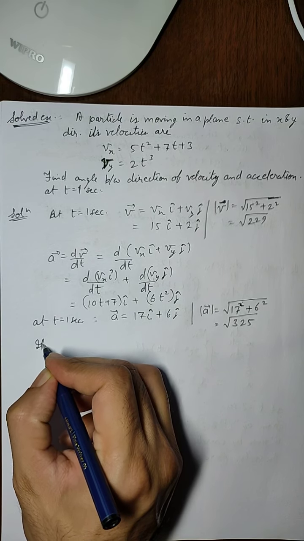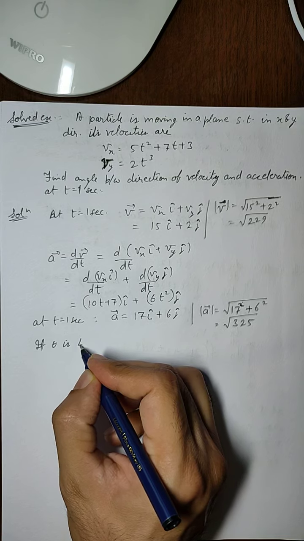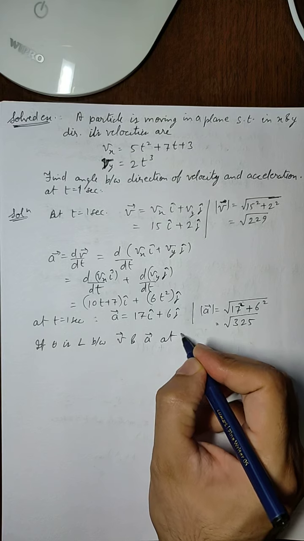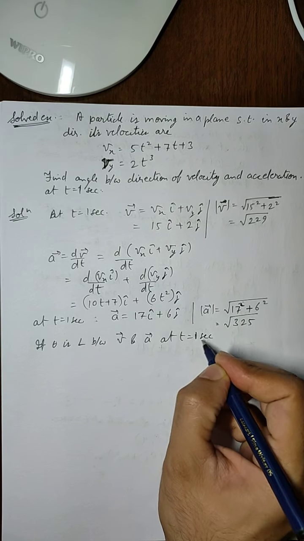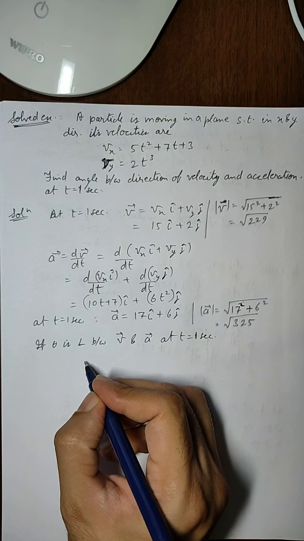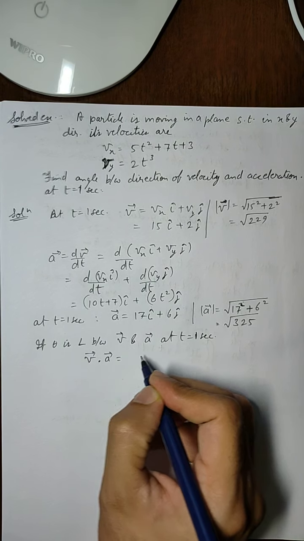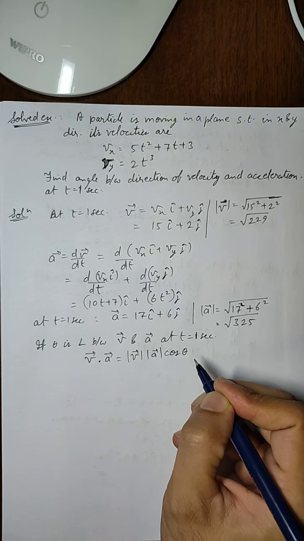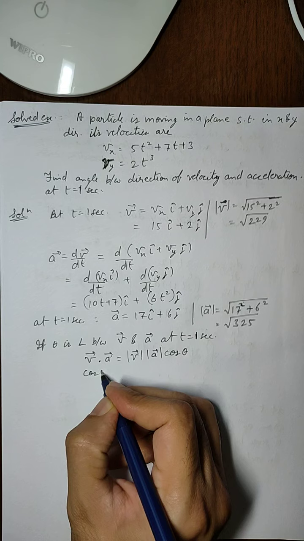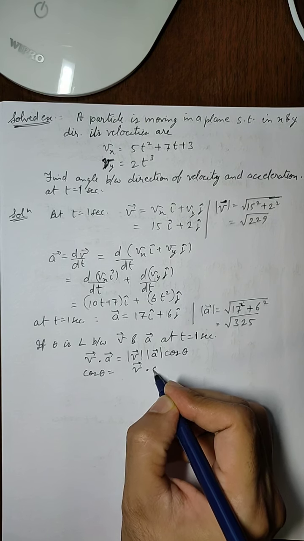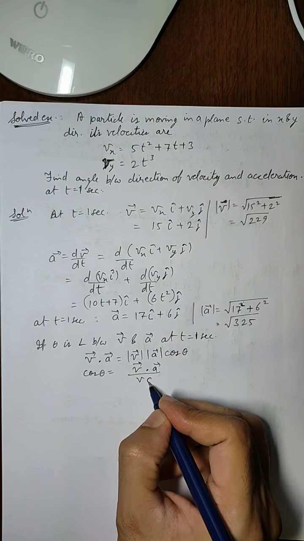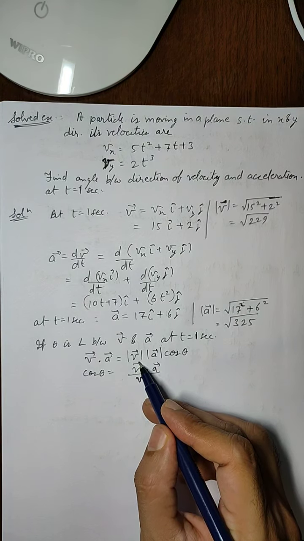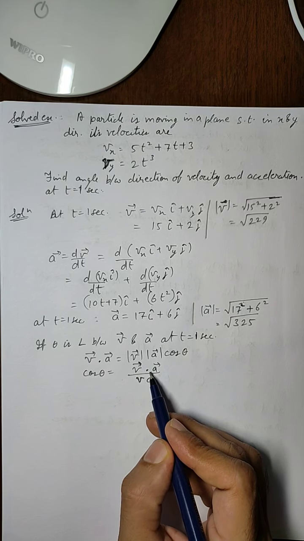Let us say theta is the angle between velocity and acceleration at t equals 1 second. Then we can use the dot product, the scalar product, formula, which is v dot a equals va cos theta, or cos theta equals (v dot a) upon va, where I am writing magnitudes as v and a.